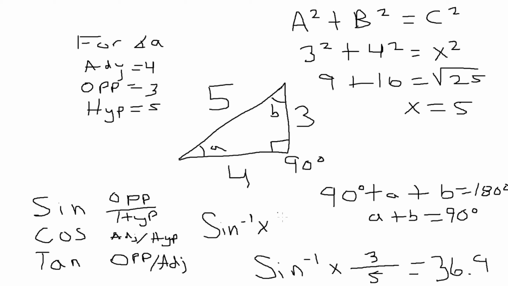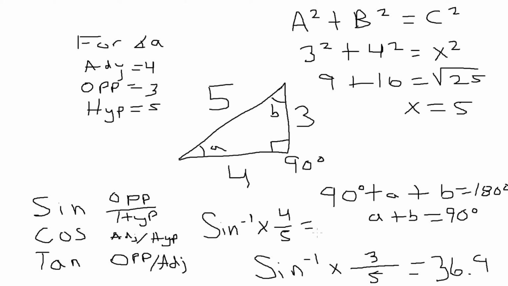And then we can also solve the angle value for B by doing the inverse sine of 4 over 5. And you can also use cosine, but you have to remember to use the correct value.